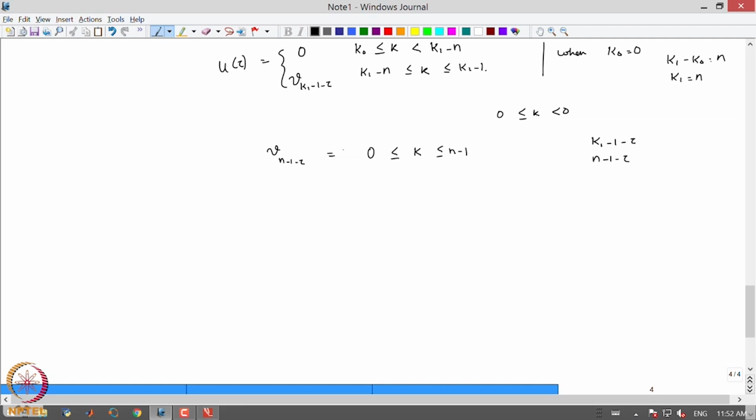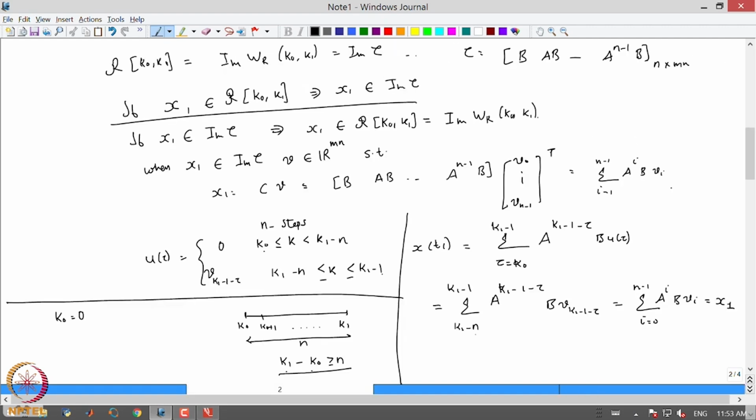So, that is what I have on the right hand side here. And therefore, this should now be a little easier to look at because k1 is equal to n. So, I just look at the summation from 0 till n minus 1, and then that just translates to A power I here, right, and then you compute backwards from n minus 1.